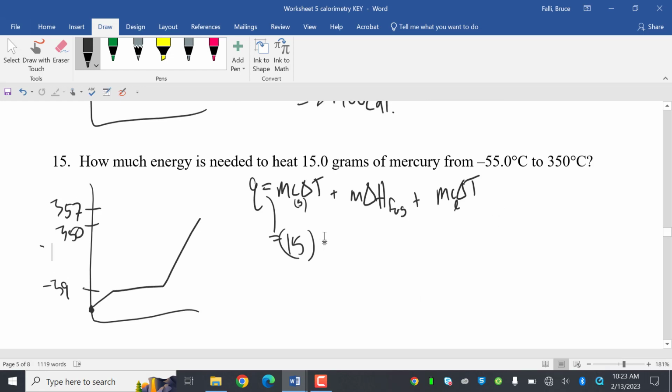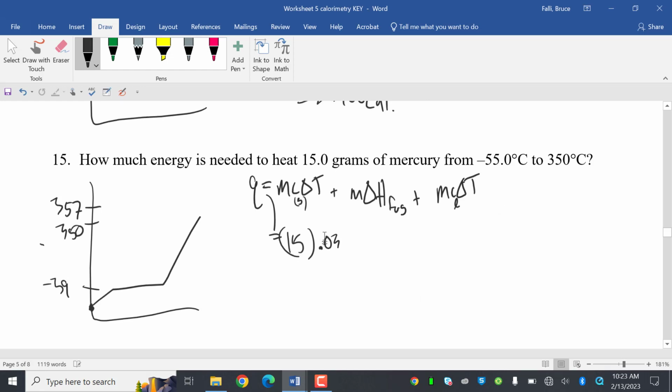0.030, just because I'm going to use it over here, 0.034. Change in temperature was from negative 55 to 39. So 55 minus 39 is going to be 16. Plus still 15 grams.